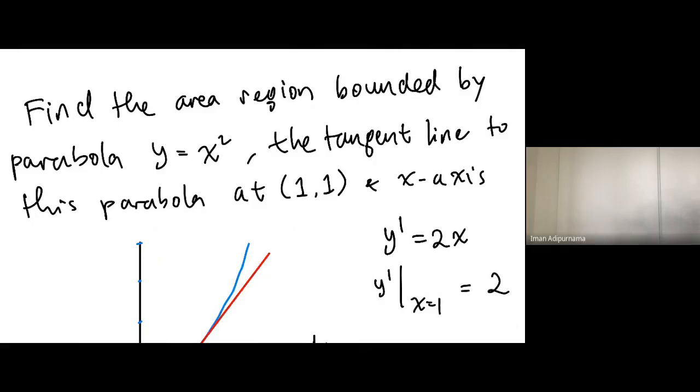So the area is between three curves. The first is x squared, the second is the tangent at (1, 1), the third one is the x-axis.